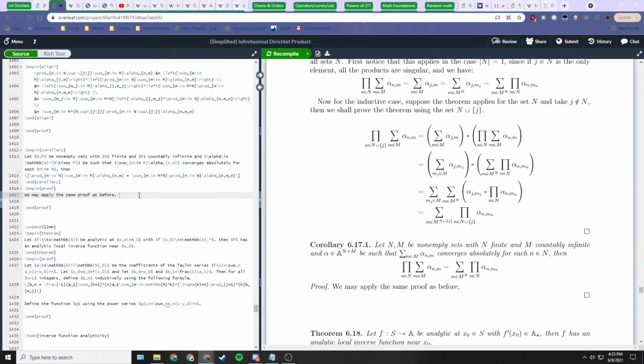And our justification is we use the same proof as before, and to justify the last line of the proof by absolute convergence.